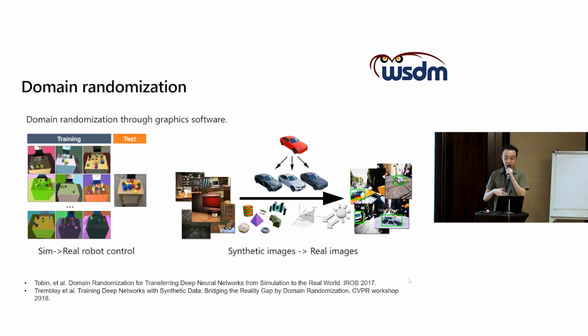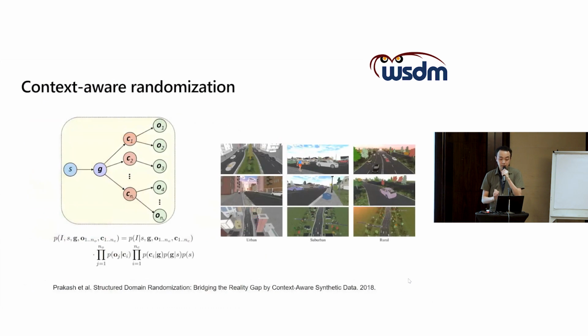Because the example I want to give is based on computer vision and image-related problems, for image problems the context information among different objects can be very important. In many cases, we cannot just randomly put the objects in different places in the image. Therefore, context-aware randomization can also be applied.